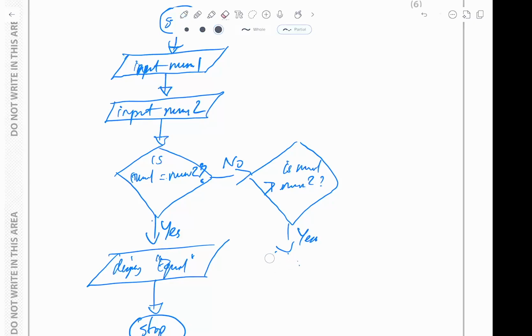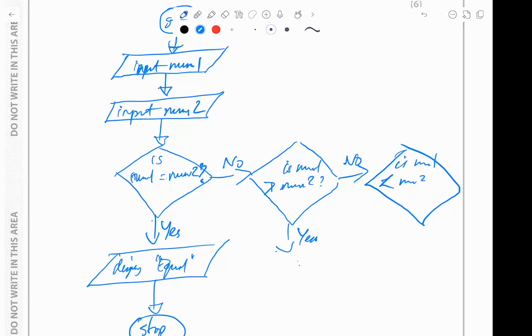Let me tidy this up. Or no. Okay, and then is number 1 less than number 2? Well, actually, we don't need that at all, do we? Because we've just checked all the permutations already, haven't we? We can just say display num2 greater, and then that can go to the end.